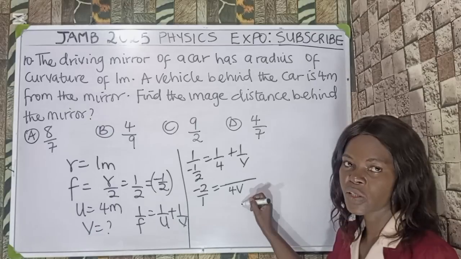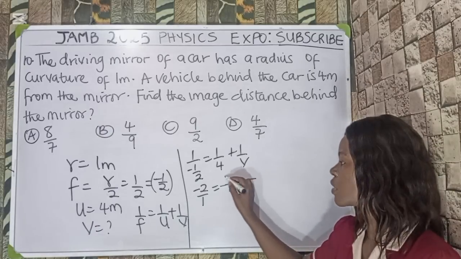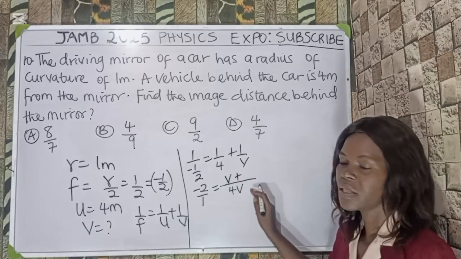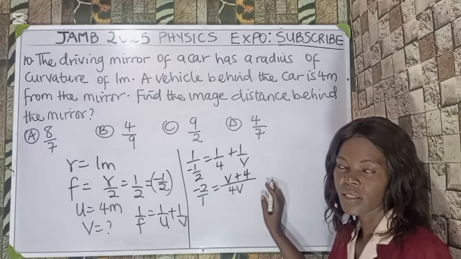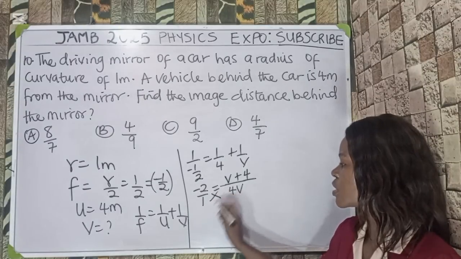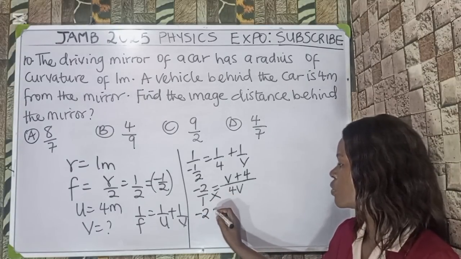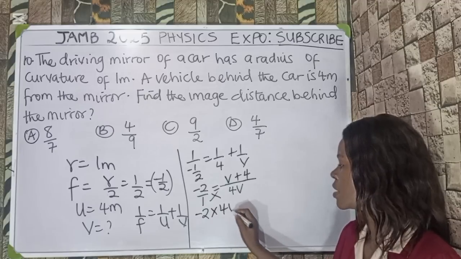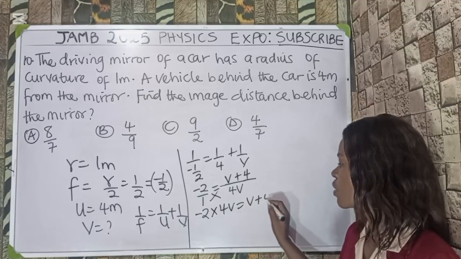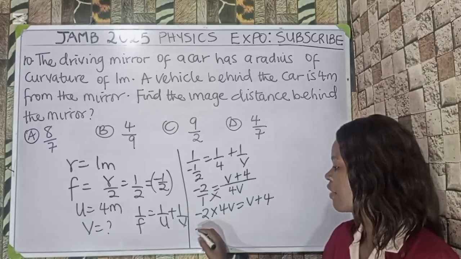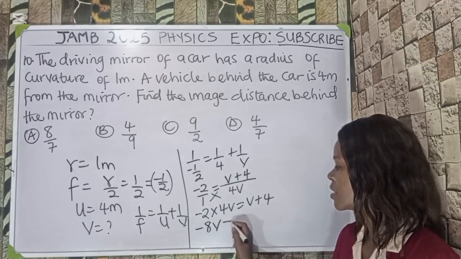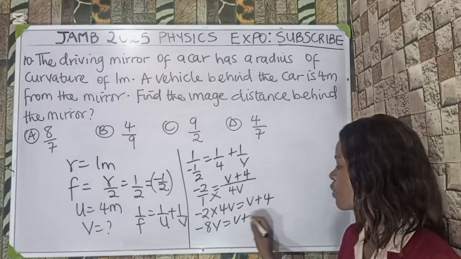So 4 into this gives me v. v times 1 is v, plus 4 times 1, I have 4. Is that clear? Cross multiply: minus 2 times 4v is equal to v plus 4. By the time I multiply, I will have minus 8v is equal to v plus 4.